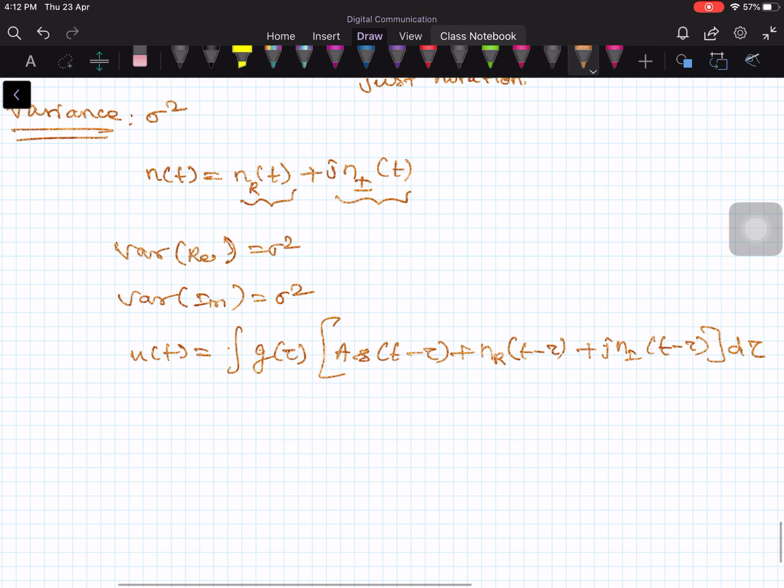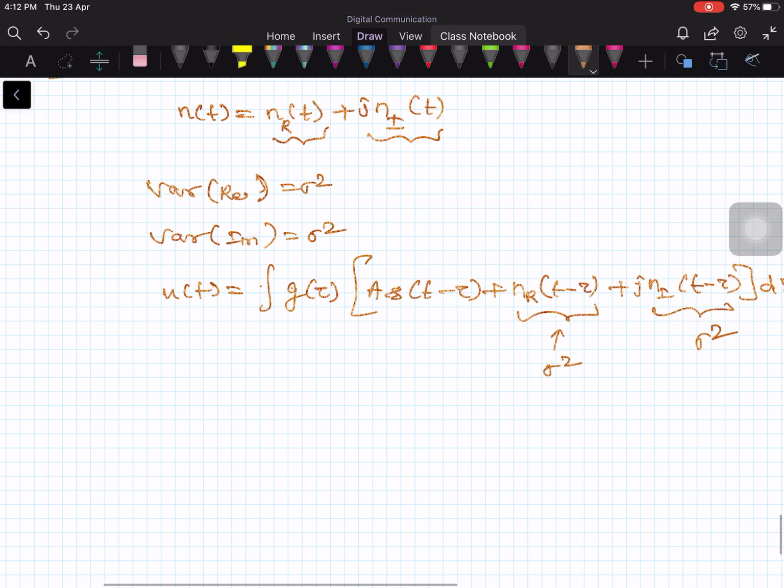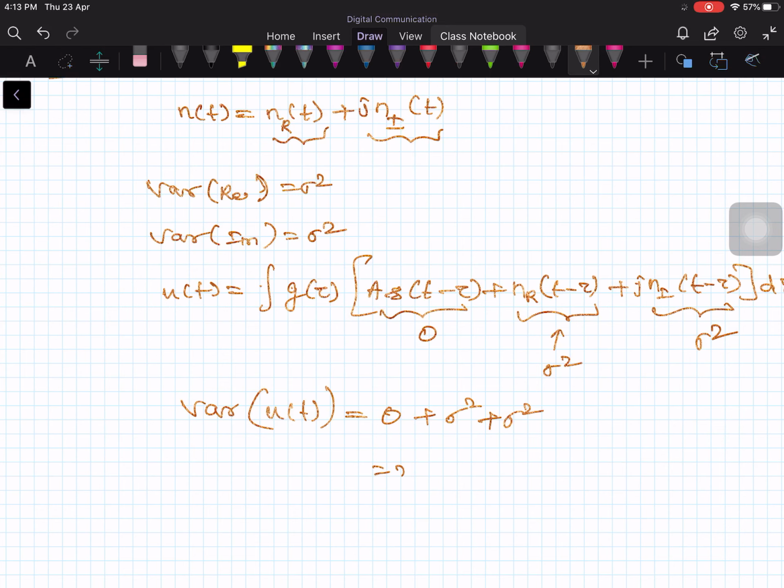If you find the variance, this part gives a variance of sigma square and this part gives a variance of sigma square. Therefore the variance of u of t is, for the deterministic signal, 0, plus sigma square plus sigma square, which is 2 sigma square.